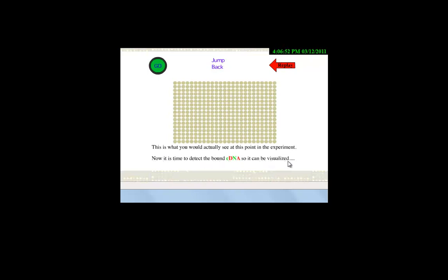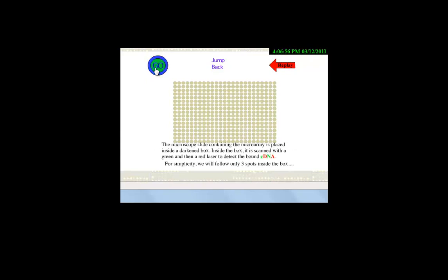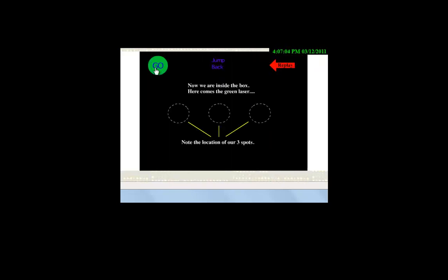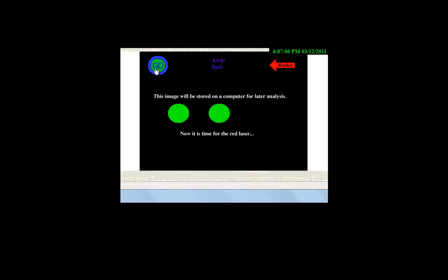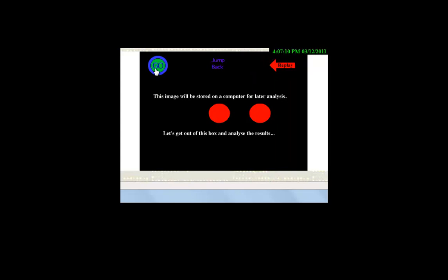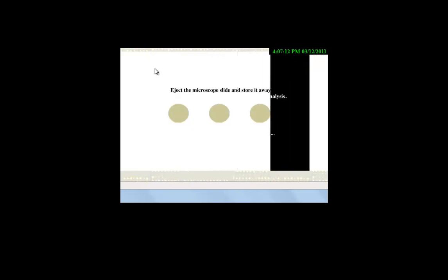We will allow it to run under the microscope with laser technology. Here, 2 lasers are used to scan the spot. It will give 3 different kinds of images: red colored, green colored, and yellow colored.